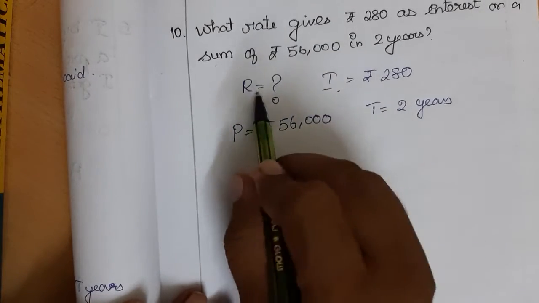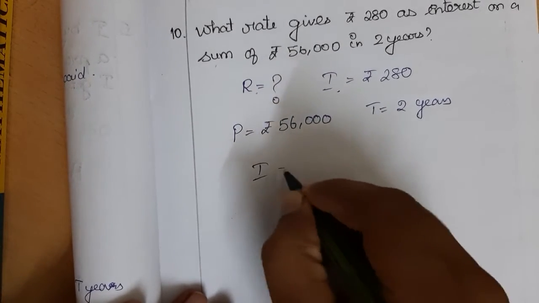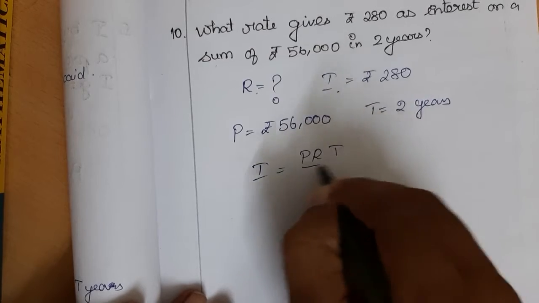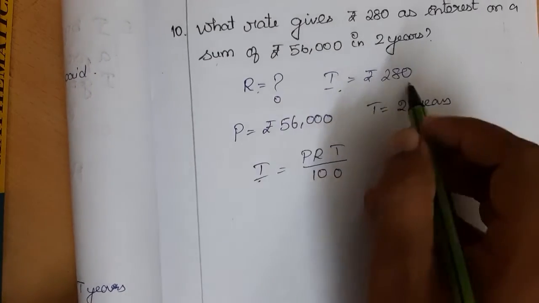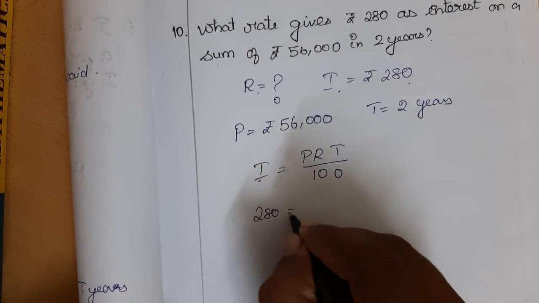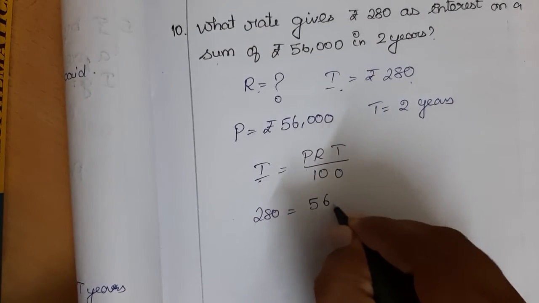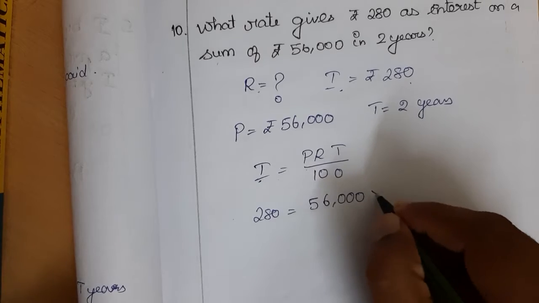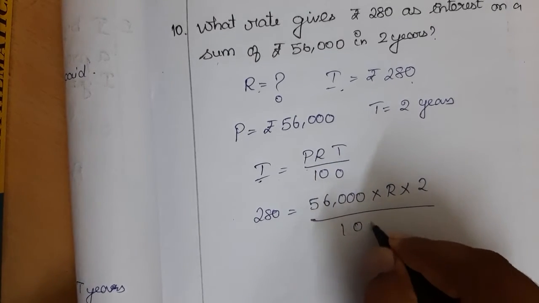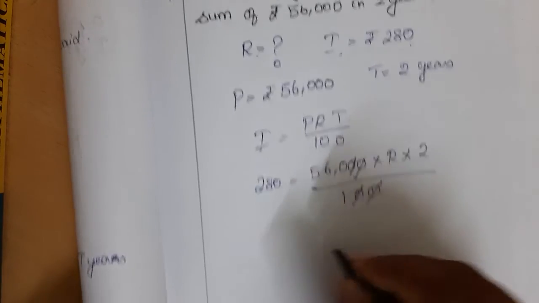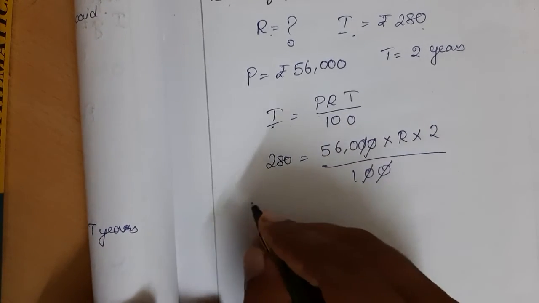So we know the interest, we have to find the rate. So I is equal to PRT by 100. Just substitute here, other than the rate we know everything. So I is 280 is equal to the principal 56,000 into R, which we have to find, and T is 2, divided by 100. So the zeros cancel. Let us bring all other things to this side.